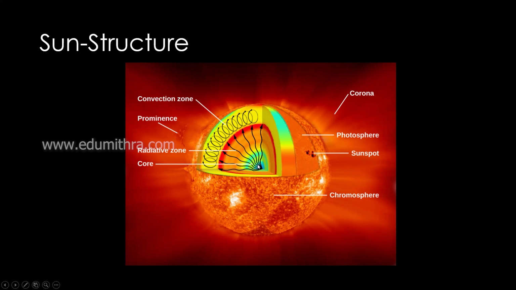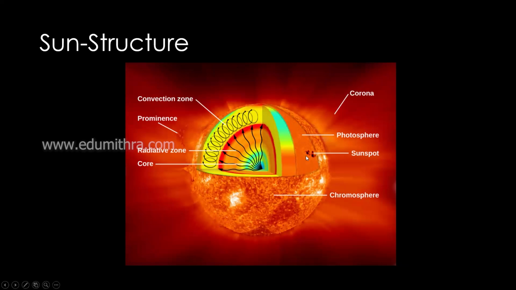At the center the energy generation is happening, and that energy comes to the surface as light and then it is given off. When you observe the sun, we may feel that the energy is being generated at the surface, but it is not like that. The energy is being generated at the center.